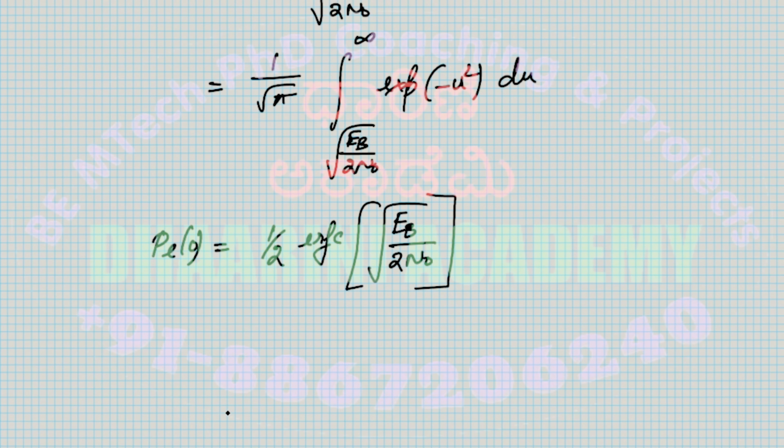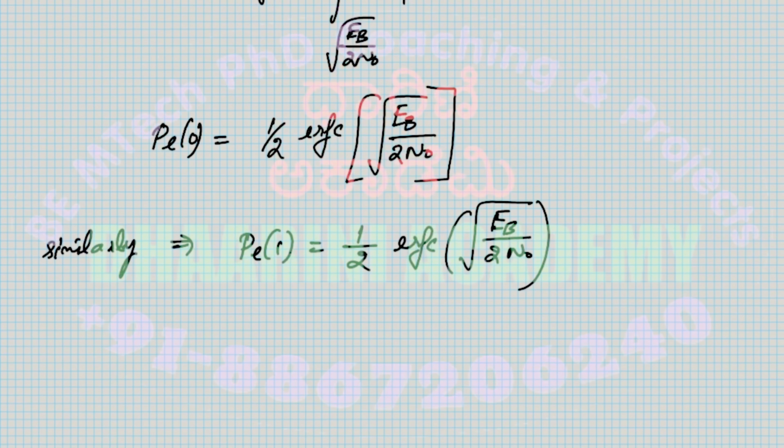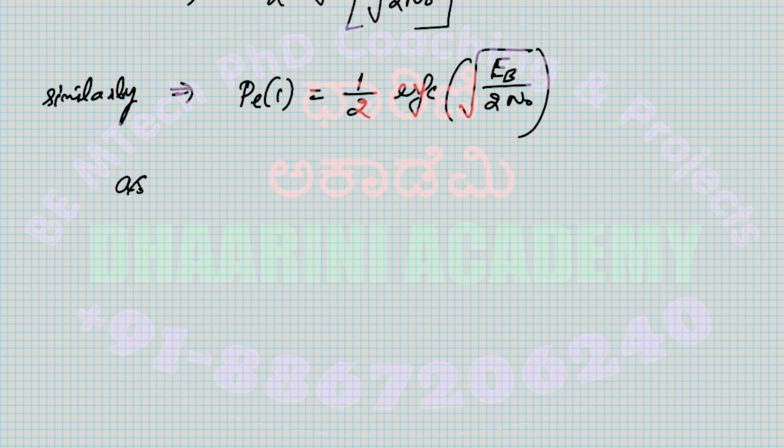In a very similar fashion, we can also derive that. Anyway, it comes the same, so similarly I can write PE of 1 also comes to the same value, half of the error function of root of Eb by 2n naught. Assume probability of 0 equals probability of 1, which is equal to half.